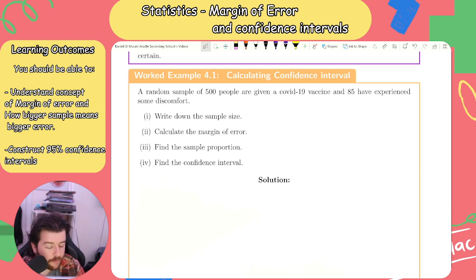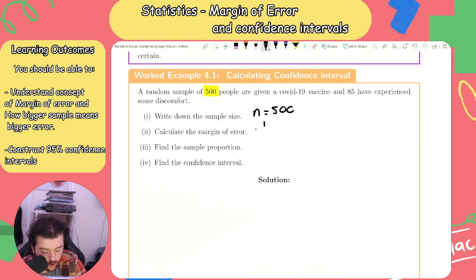A random sample of 500 people are given a COVID-19 vaccine, and 85 have experienced some discomfort. Write down the sample size. My sample size is 500, because I surveyed 500 people. Calculate the margin of error.